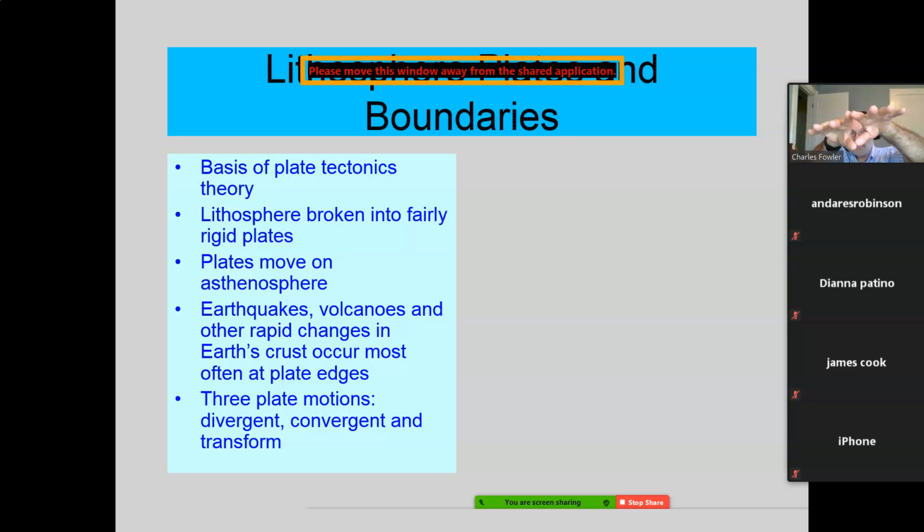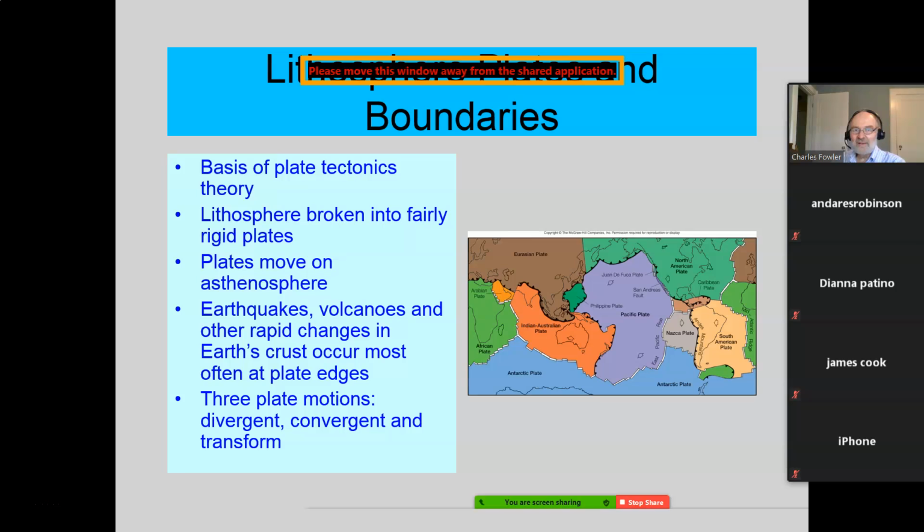Converging is where they come together and transform when they're moving in different directions. Transform motions. And boundaries.